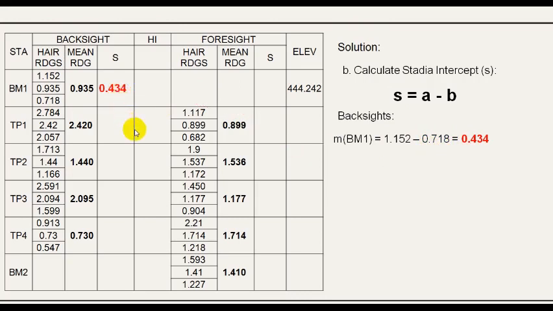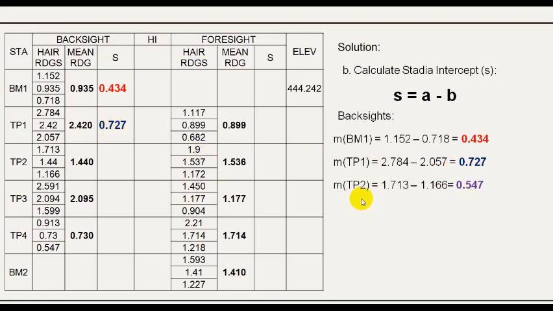0.434. Then at PP1, 2.784 minus 2.057 equals 0.727. Then same for the other stations. PP2 is 1.713 minus 1.166, which equals 0.547.